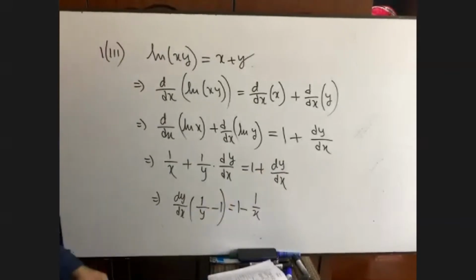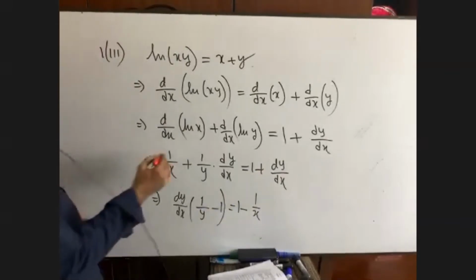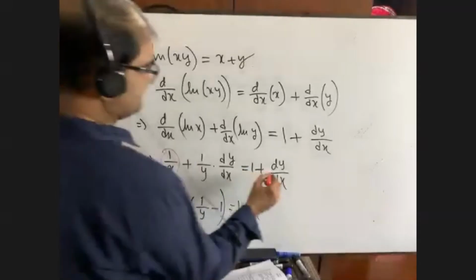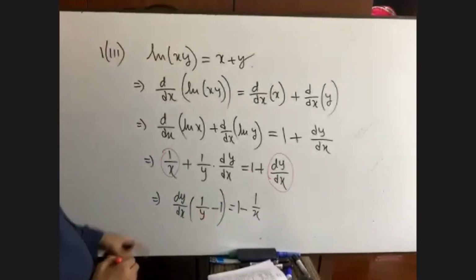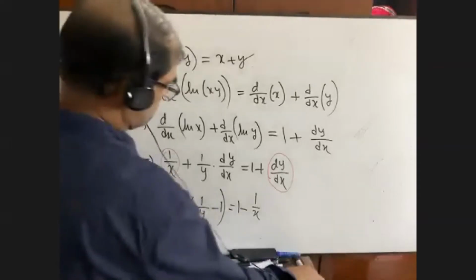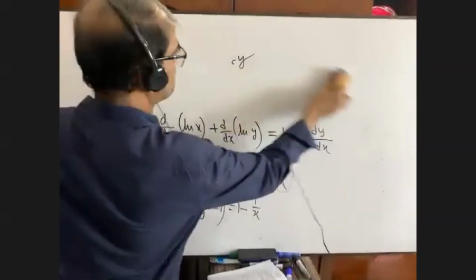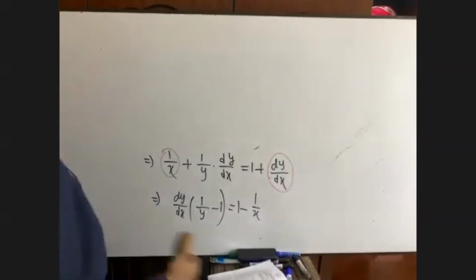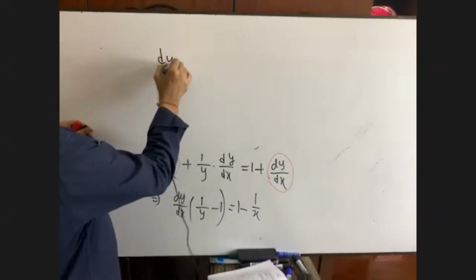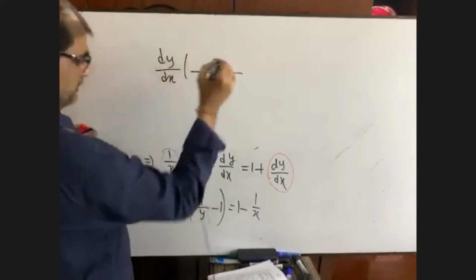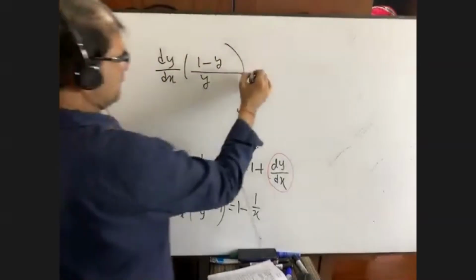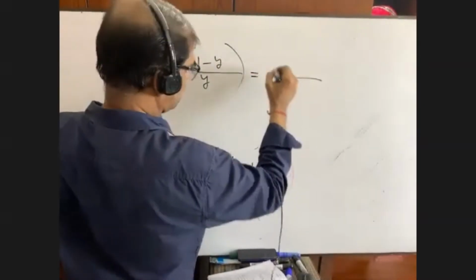Actually, this 1 by x has been taken to the right hand side, and this dy by dx has been brought to the left hand side, and then I took common dy by dx, right? Now we are left with dy by dx times the LCM y, 1 minus y. Here LCM x, so x minus 1.